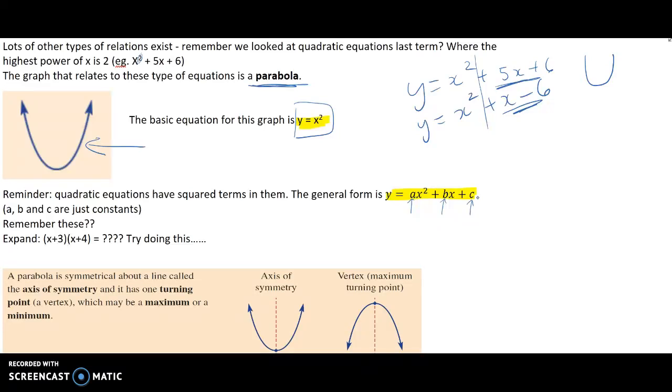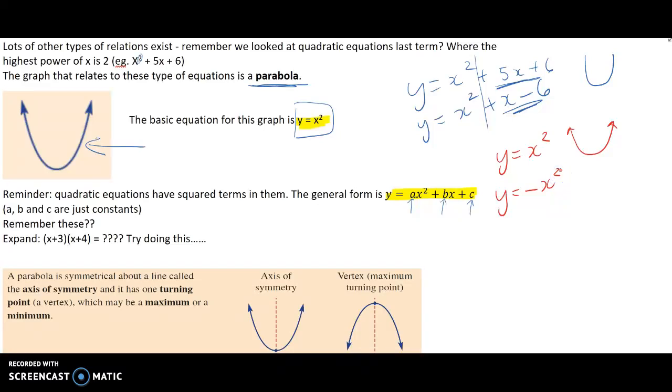So when the graph is y equals x squared, if the coefficient of x squared is a positive number, then we have a smiley face like this. So if it's a positive number, the y equals x squared graph will give us a smiley face curve. If y equals negative x squared, what do you think that would be?